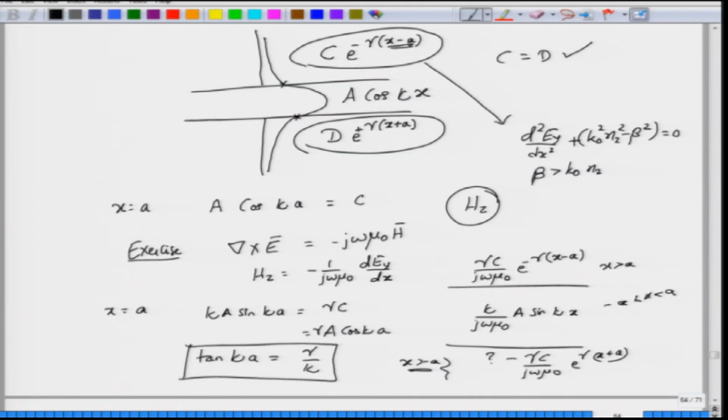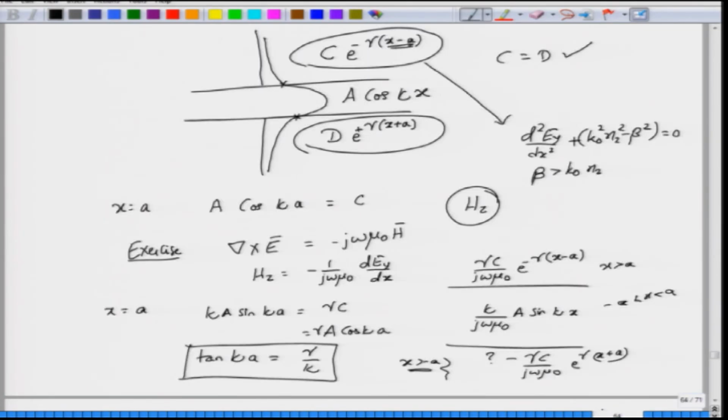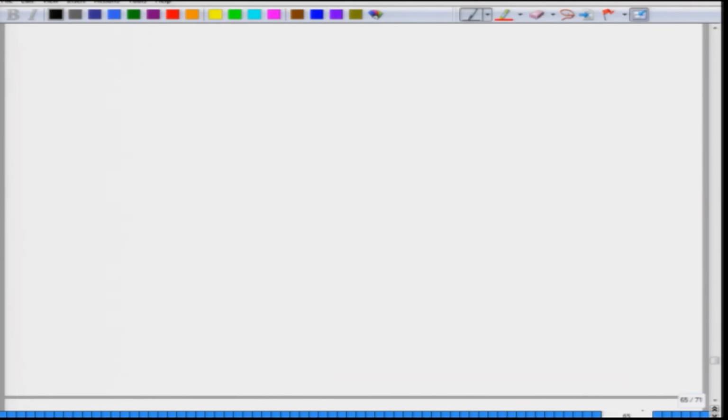Unfortunately, it does not have straightforward solutions. The solutions that you are going to get are what are called numerical solutions, because you have a function of the form tan x equals x, and this solution is rather easily found using graphical or numerical methods.